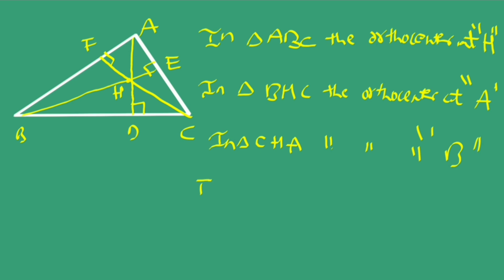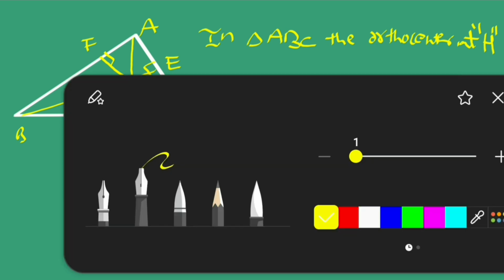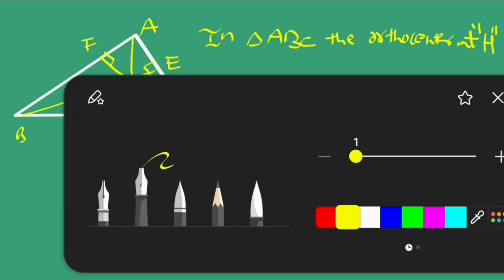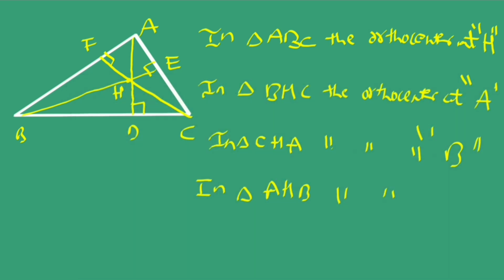Next, in triangle AHB, this triangle is also an obtuse angle triangle. Its orthocenter also lies on the back side of the triangle, so its orthocenter is at C. Remember these 4 points. Okay.